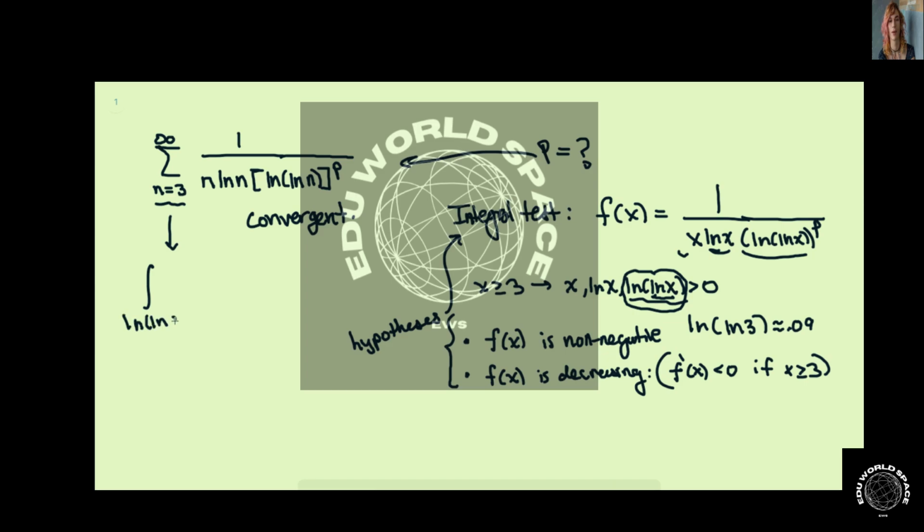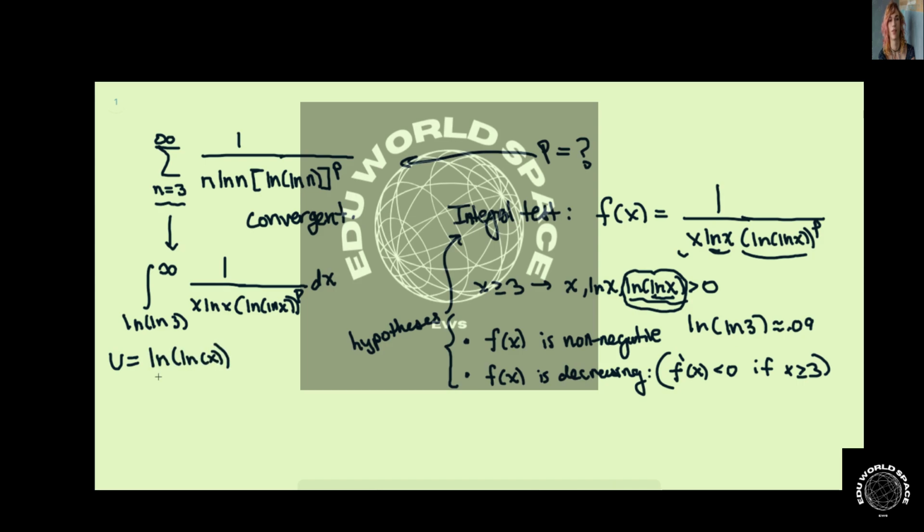The integral from 3 to infinity. And then now we have f of x. And what's the best way to compute this? There's probably several ways, but perhaps the easiest substitution here that one could make would just be to take u to be the double log.